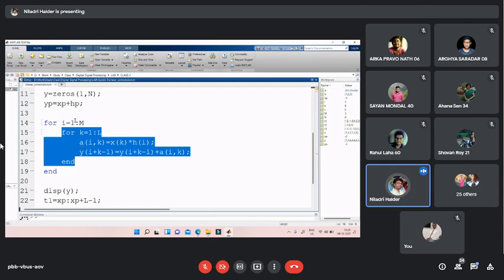If there are 5 values of i and 10 values of L, then for a single value of i, that shaded loop will run 10 times. Again for another value of i, again it will run 10 times. So if there are 5 values of i, overall that shaded for loop will run 50 times.